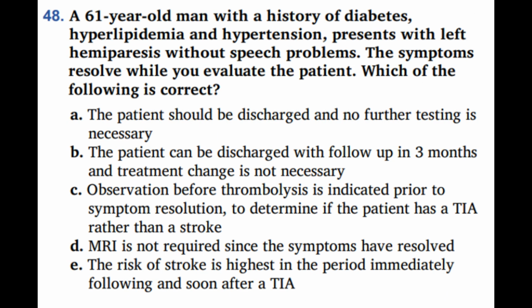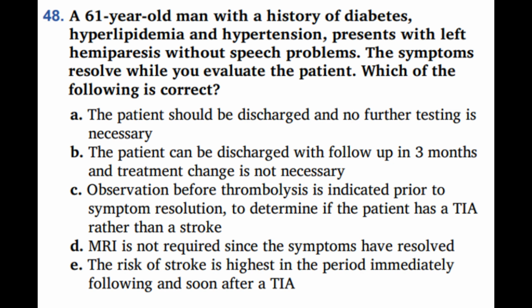Next question. Question 48. A 61-year-old man with a history of diabetes, hyperlipidemia, and hypertension presents with left hemiparesis without speech problems. The symptoms resolve while you evaluate the patient. Which of the following is correct? A. The patient should be discharged and no further testing is necessary. B. The patient can be discharged with follow up in 3 months and treatment change is not necessary.